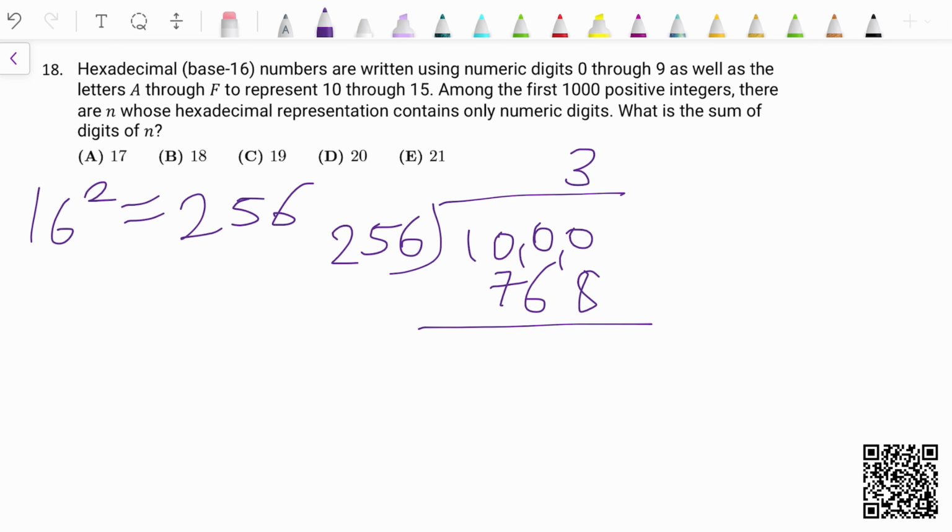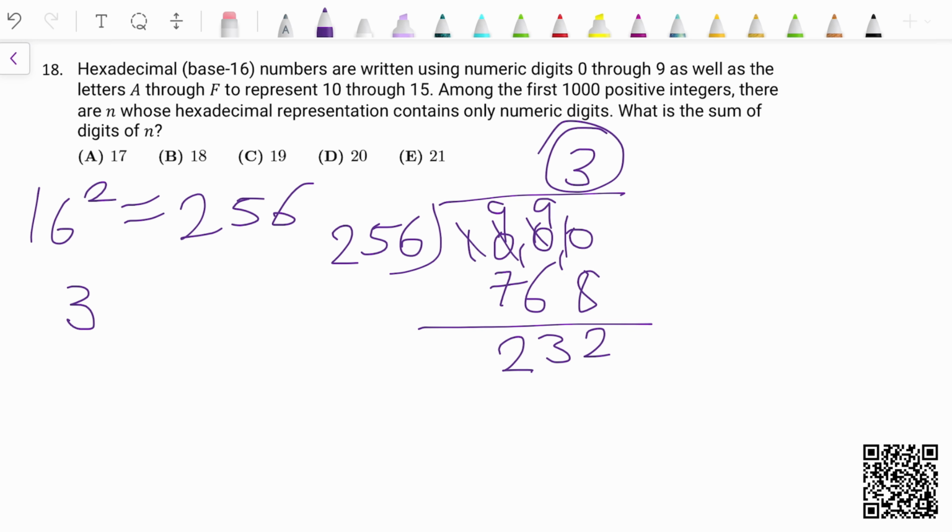So just solving this, we get 232. But the thing we need to focus on the most is the 3, which means that since there are 3 16 to the power of 2s, our first number in our hexadecimal form is 3. So 3 multiplied by 16 to the power of 2.